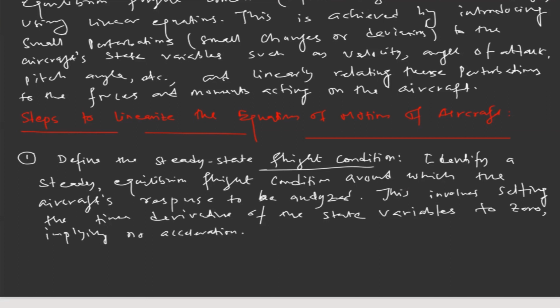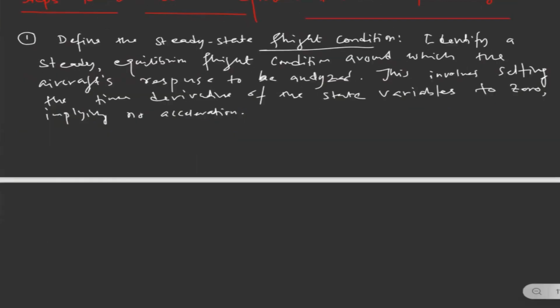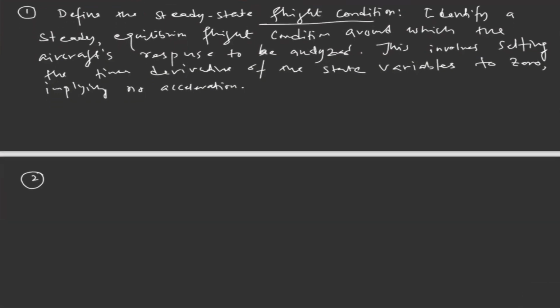This is the first part we have to do for finding the linearized model of the equation of motion of the aircraft. And then we'll introduce perturbation about the equilibrium point of the system.